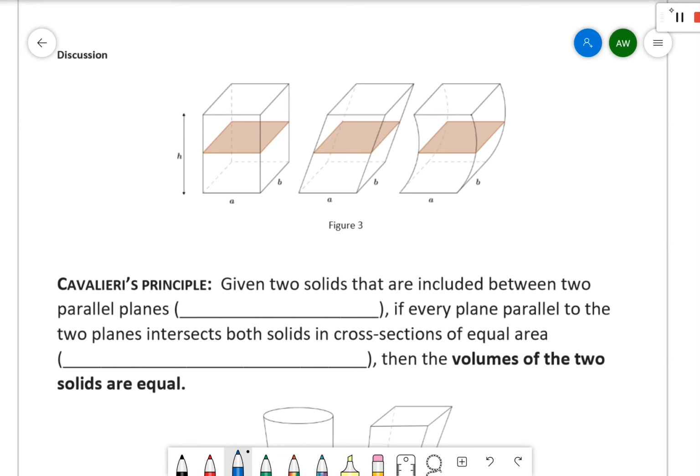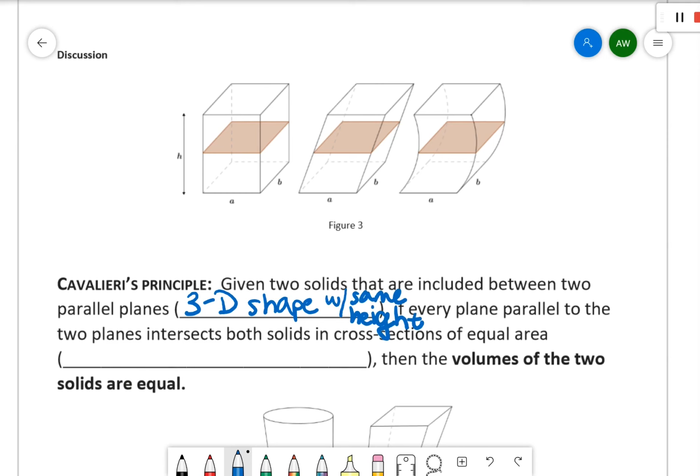Given two solids that are included between two parallel planes. Okay, so that's just a 3D shape with the same height. That's all it's saying.